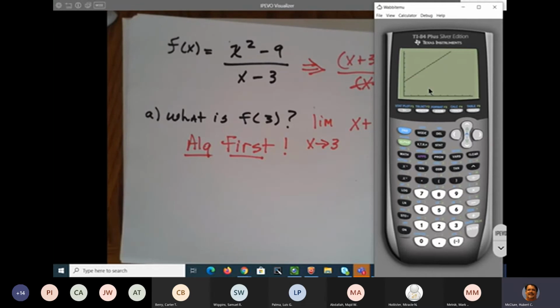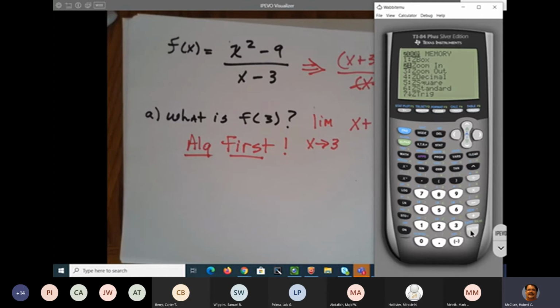Okay, does everybody see that dot right there? Everybody see that little area right there? Zoom in if you want to, right about here. Zoom out, and I'm going to zoom in again.